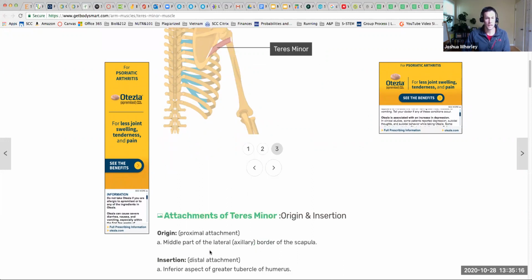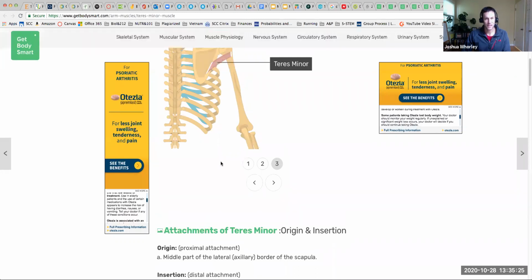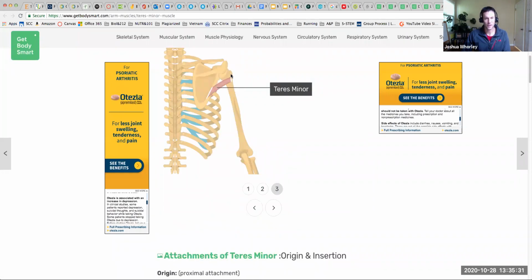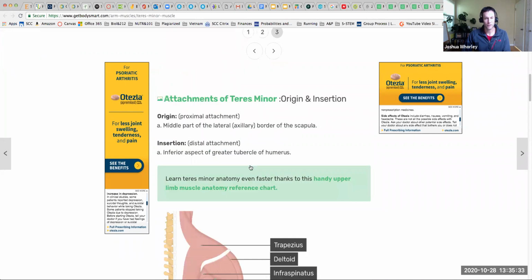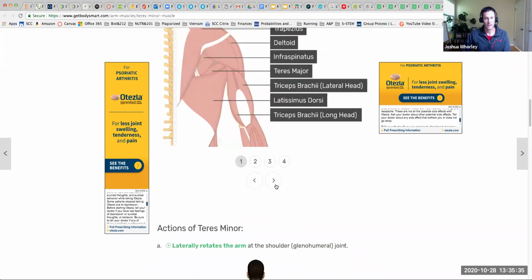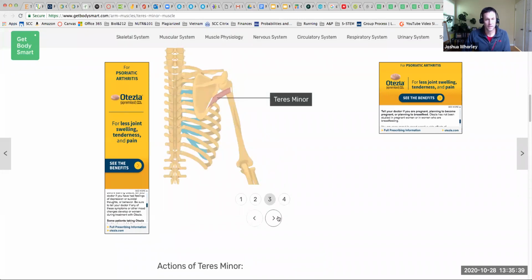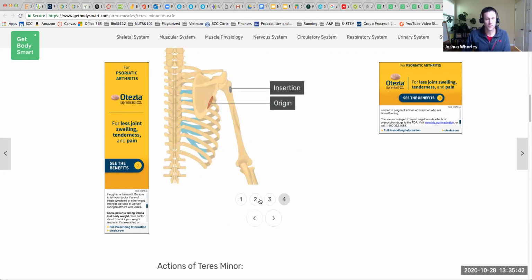So this is on the lateral border of the scapula, its origin, and insertion on the very lowest portion, inferior aspect, right? So you can just say the inferior greater tubercle of the humerus. There's the greater tubercle, so just inferior to that. And then we'll see that here. There's our origin and our insertion.